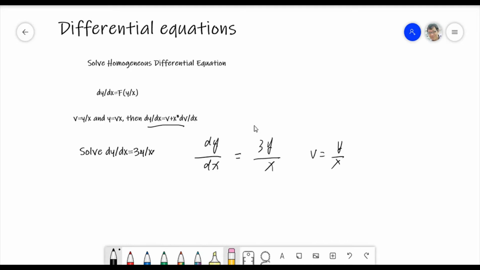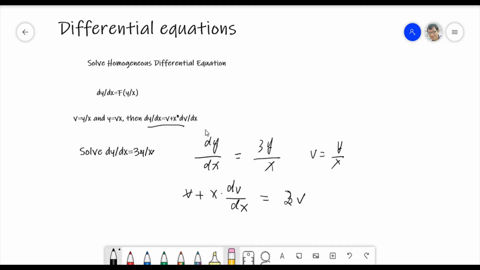Okay, so then dy over dx, we can see here, dy over dx is equal to v plus x times dv over dx. The right side is 3 times v, am I right? So this divides, so it's only 2, right?